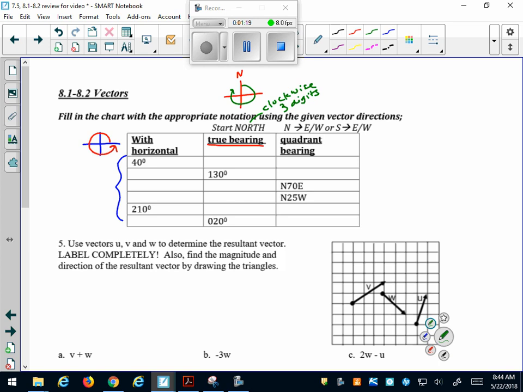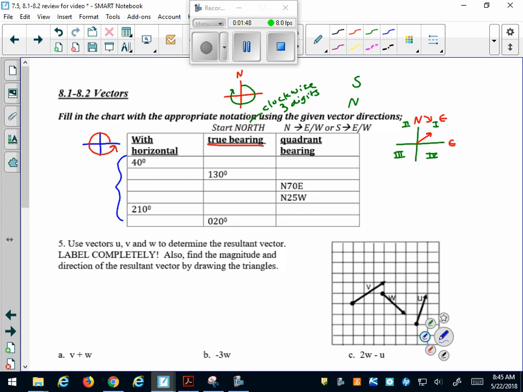Okay, and then the quadrant bearing is when you either have an N first or an S first. So if you think about the quadrants, 1, 2, 3, 4, if you have an angle in quadrant 1, you start north and go slightly to the east.